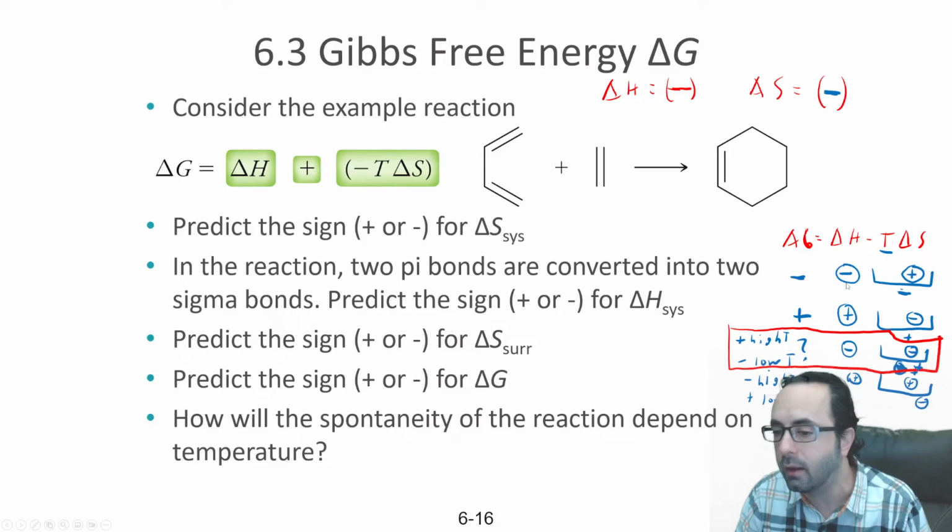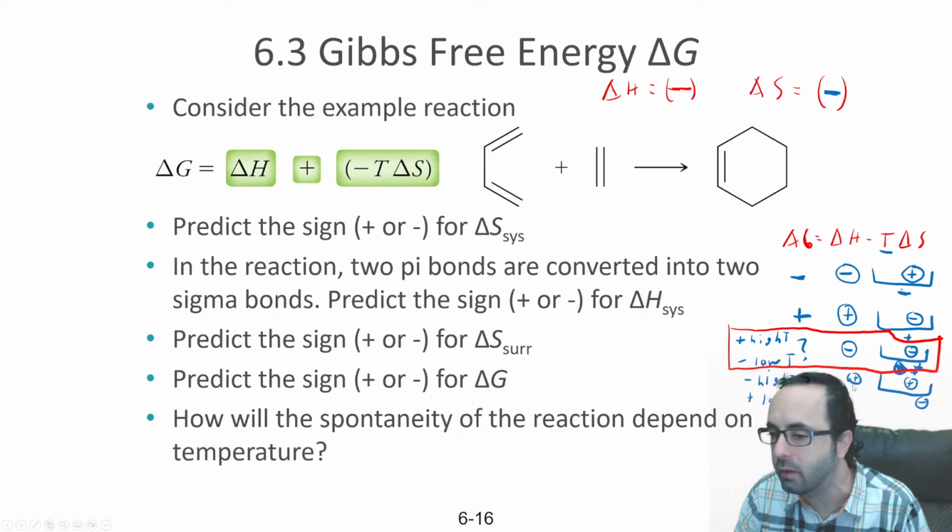And then we can analyze: if delta H is negative but delta S is positive, you will have a negative delta G, a spontaneous reaction. If delta H is positive but delta S is negative, you'll have a positive delta G, and the reaction will always be non-spontaneous. But if you have negative delta H, negative delta S, the reaction will be spontaneous at high temperature, non-spontaneous at low temperature.